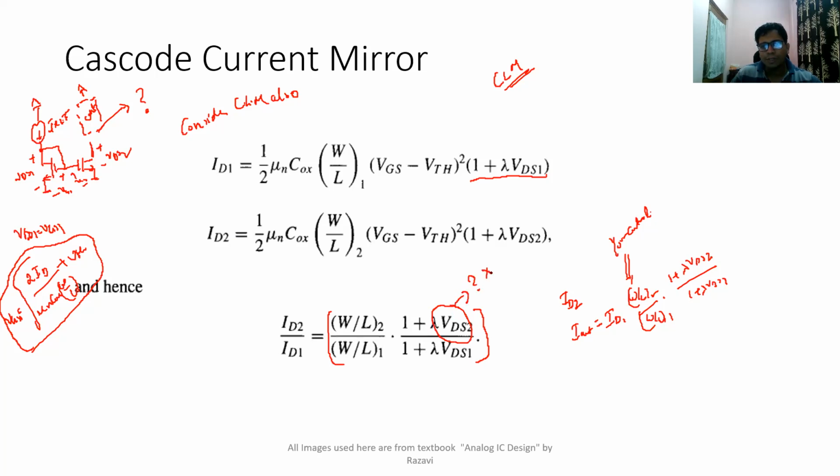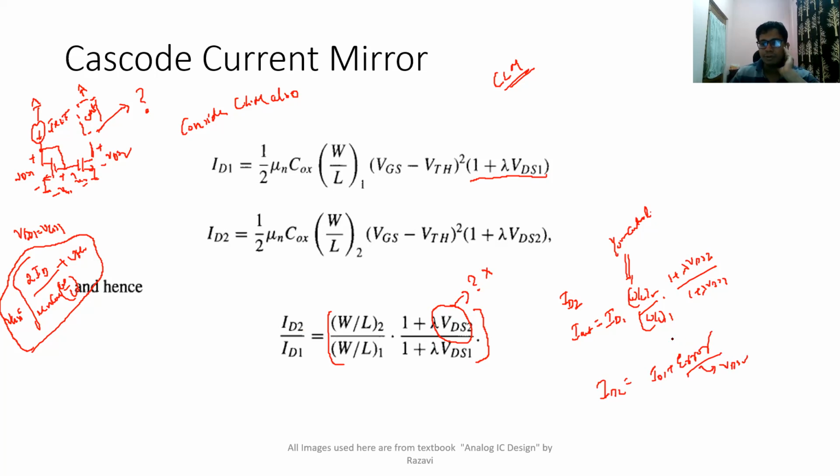The moment we don't know this VDS2, you don't know what is going to be the ID2. So ID2 will be ID1 plus some error, which is mostly because of VDS2. And it can be huge.